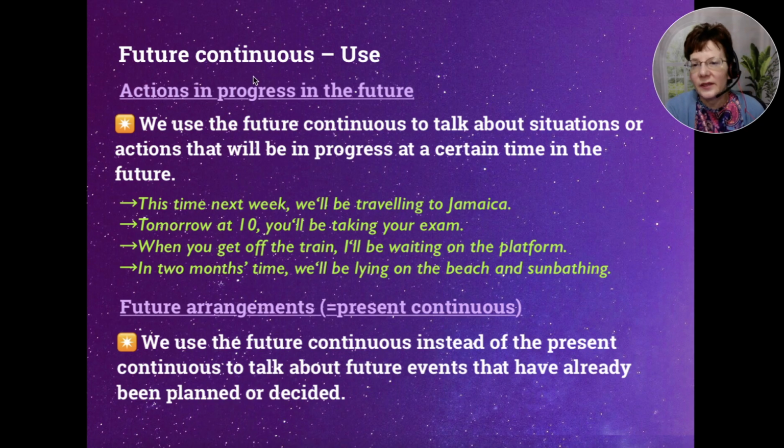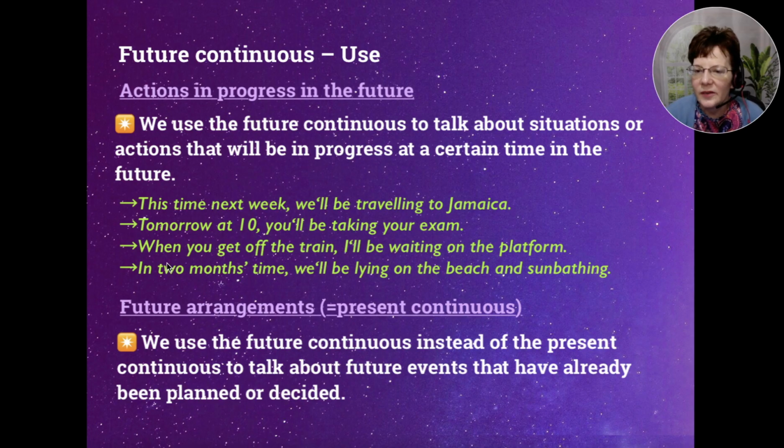All right, let's look at the use of future continuous. So, we're talking about actions in progress in the future. We use the future continuous to talk about situations or actions that will be in progress at a certain time in the future. So, for example, this time next week, we'll be traveling to Jamaica. We've also got, tomorrow at 10, you will be taking your exam, right?